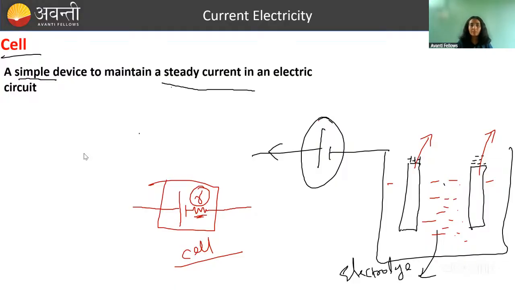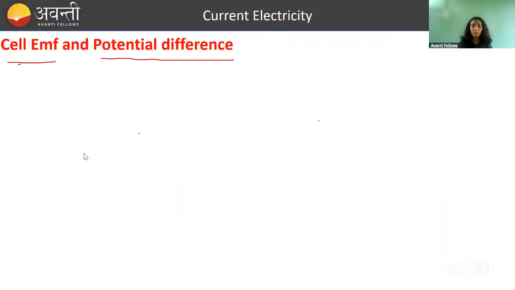Otherwise, if you are just sitting in the comfort of your home, you cannot tell how busy it is, right? Similarly, this internal resistance will get felt when current will flow through the cell. Okay, so let's not go into complexities of how current flows through cell. None of our business. That will get taken care of by your chemistry teacher. So let's here get to the idea of what is the difference between cell ka EMF and potential difference.